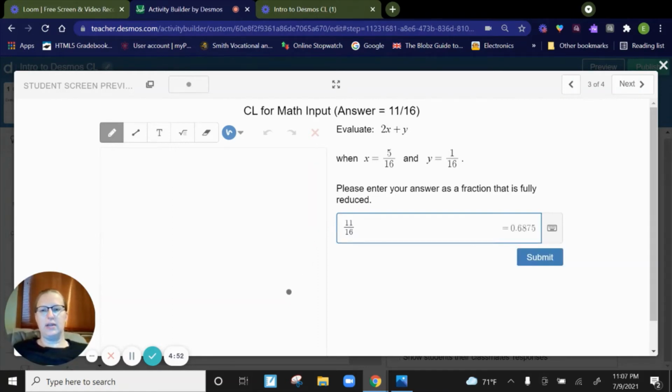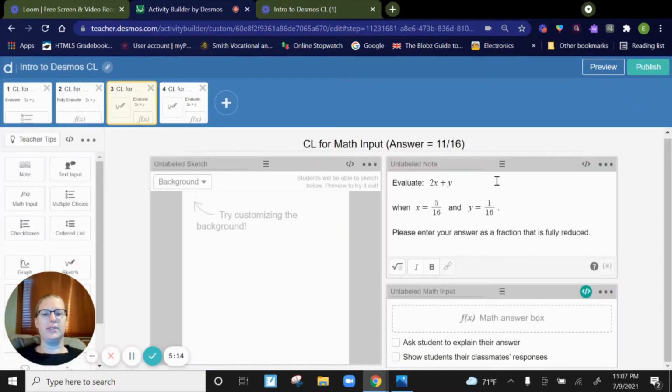11 over 16. Notice that it's giving us that dot. That dot is saying, teacher, you need to check this. But didn't we just write in the CL that is supposed to check it for us? Well, we certainly did, but something's happening that happens to a lot of people, including myself, when I first started learning this.